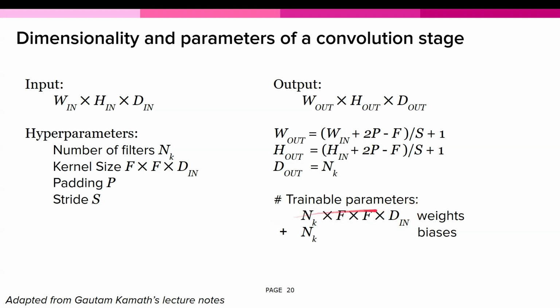Additionally, each filter is going to have its own bias, which contributes one more parameter per filter. These biases allow the network to perform an affine transformation of each feature map, giving some flexibility and adaptability in the model's learned representations.